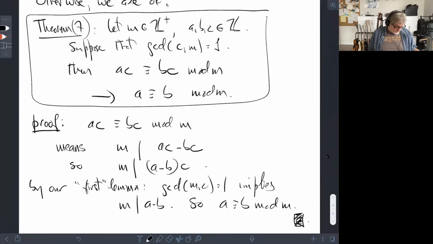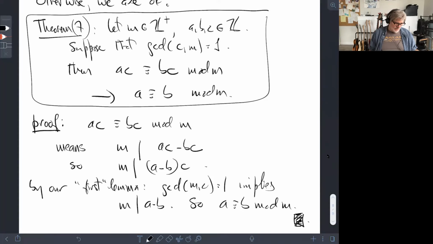Now, notice what this means. It means that in Zm, the numbers which are relatively prime to M, you can always cancel them out. This is fundamental.